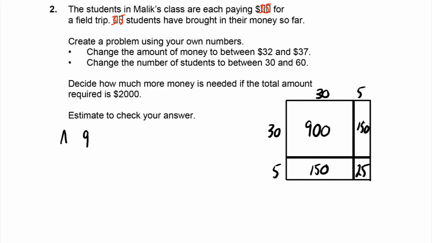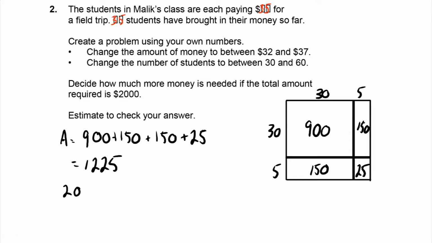So the area of this is 900 plus 150 plus 150 plus 25. So that's 900 plus 300 plus 25, which is 1,225. Subtract that from 2,000, and the amount left to collect is $775.